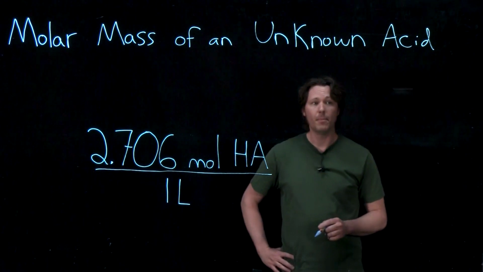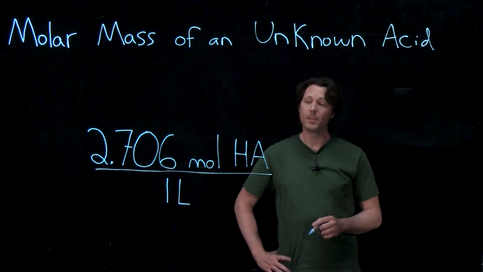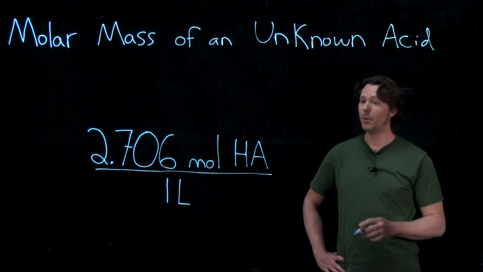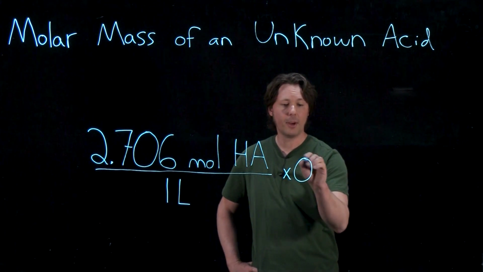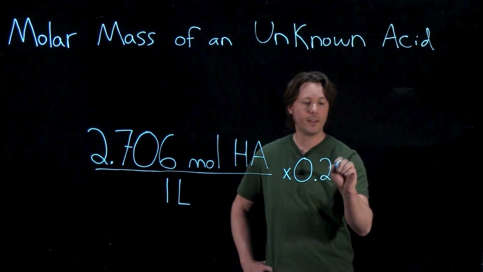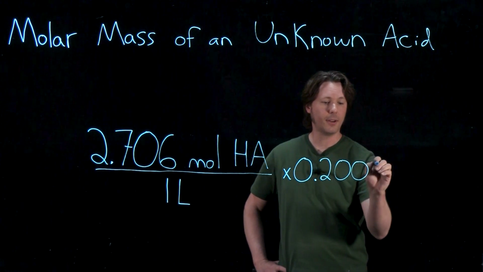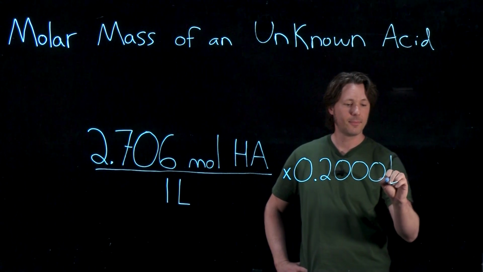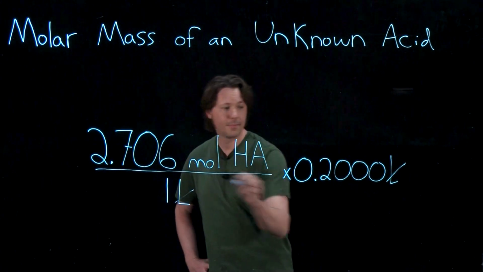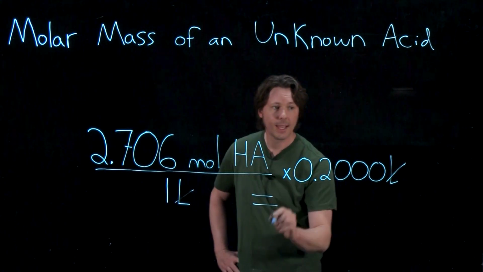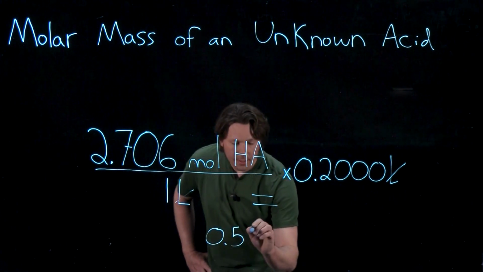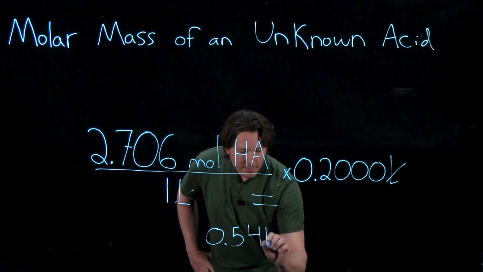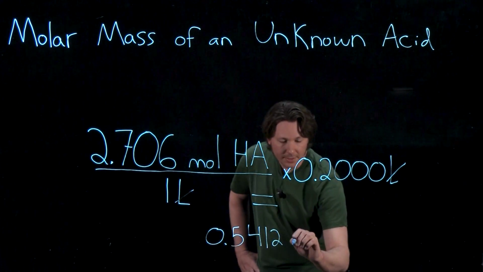If we used a 200 ml volumetric flask, then we would multiply 2.706 moles of unknown acid per liter by 0.2000 liters. Liters cancel, and we have 0.5412 moles of unknown acid.